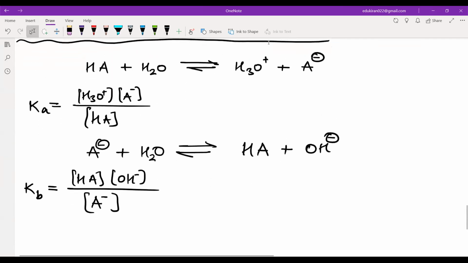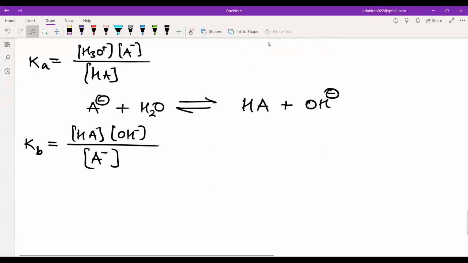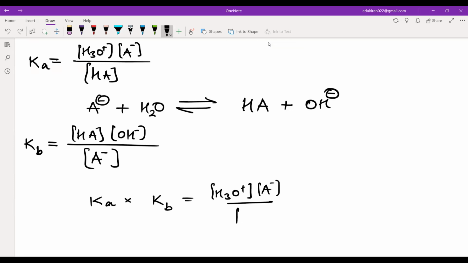So the Ka and Kb. If I multiply these two, Ka into Kb, then what are we going to get? Tell me. Ka is the concentration of H3O plus into A negative divided by the concentration of HA, into HA into OH negative divided by the concentration of A negative, right?